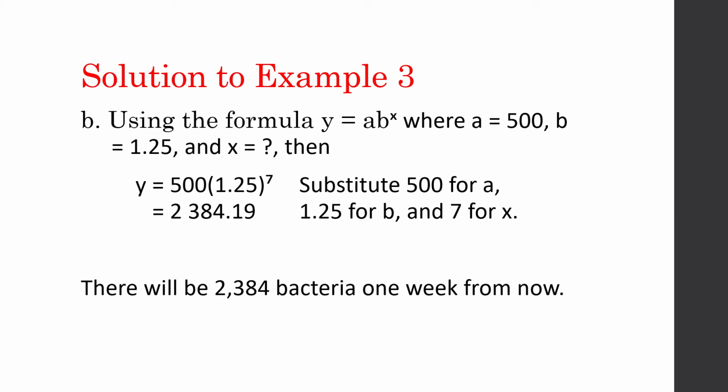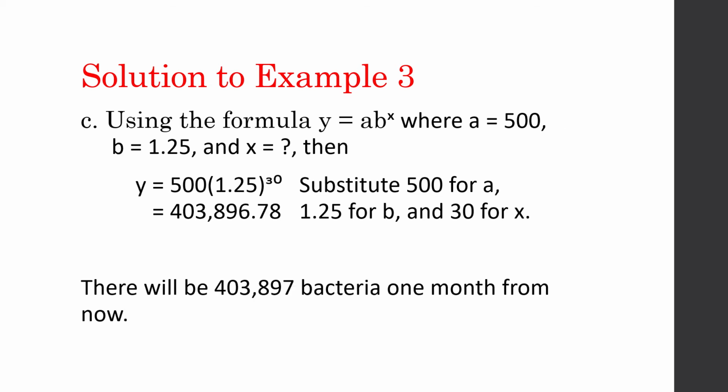So how about 1 month from now? Again, using the formula y is equal to a times b raised to x, where a is equal to 500, b is equal to 1.25, and x, so there are 30 days in 1 month. Then y is equal to 500 multiplied by 1.25 raised to 30.